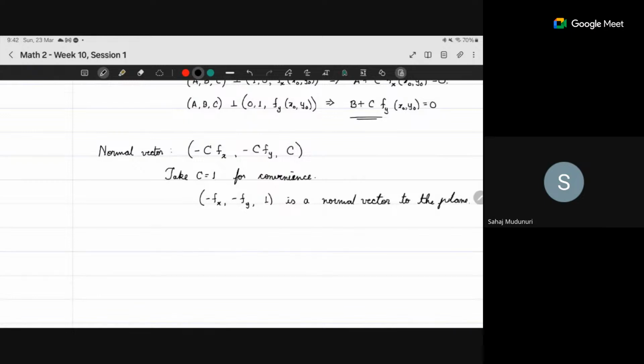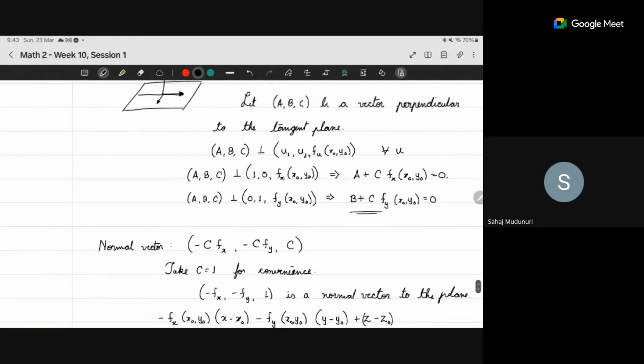So now that we have a normal vector and a point on the plane, we can compute the equation, right? Now I'll rewrite this x naught, y naught so that there is no confusion: (-fx)(x - x0) + (-fy)(y - y0) + (z - z0).